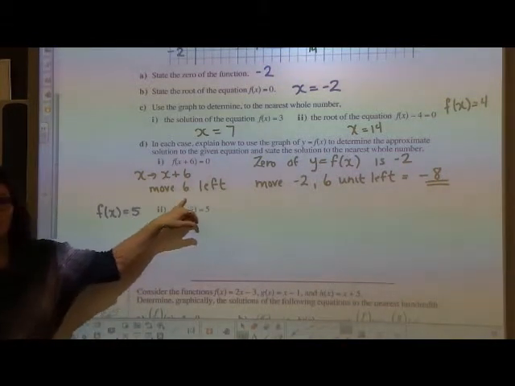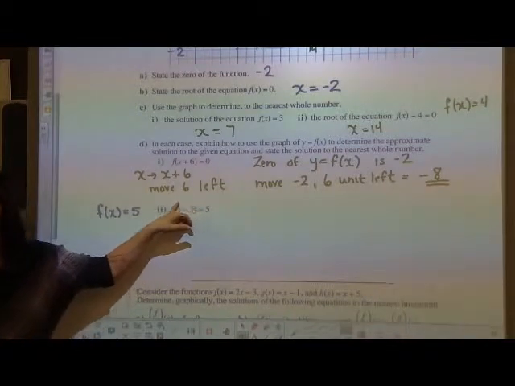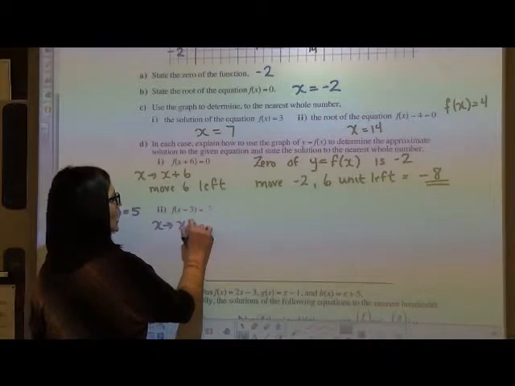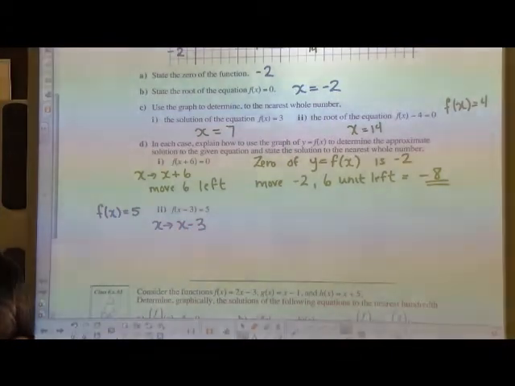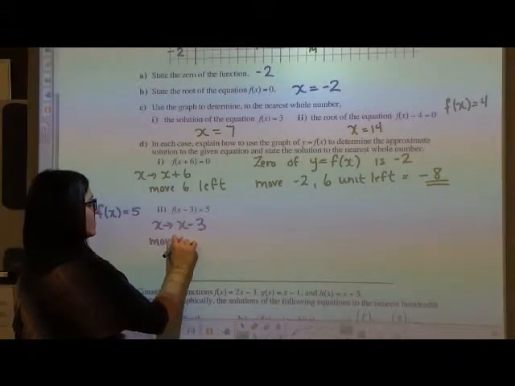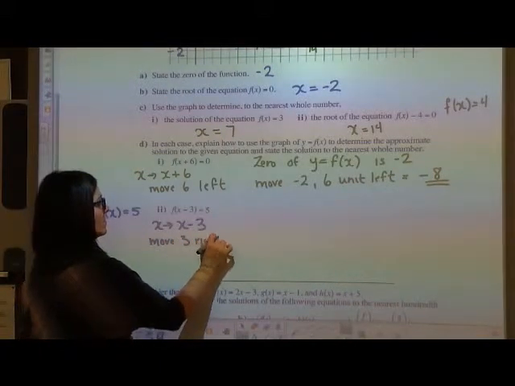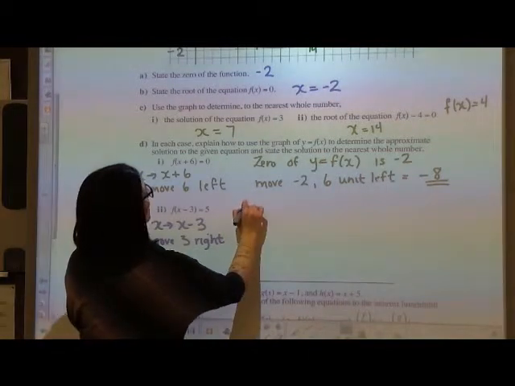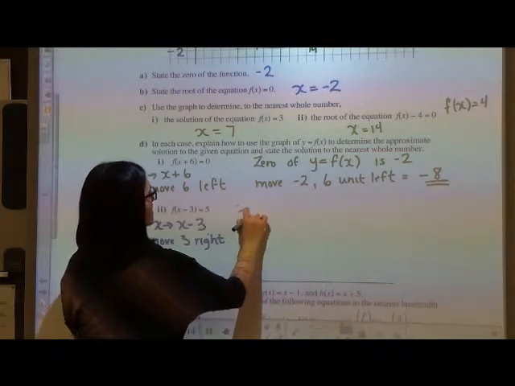So what did I make for my replacement? You replace x with x minus 3. And what does that tell me to do to the graph? Translate it 3 units to the right.